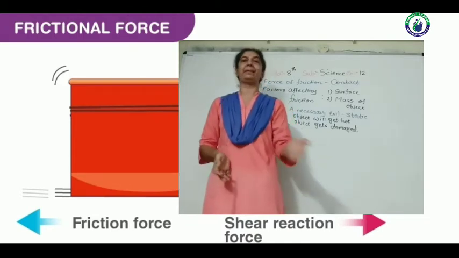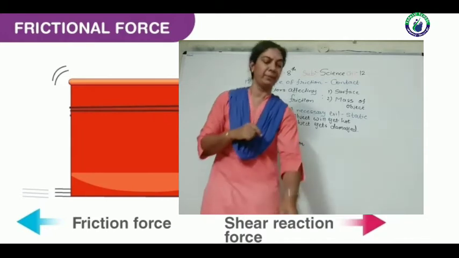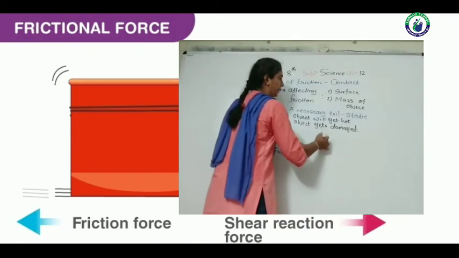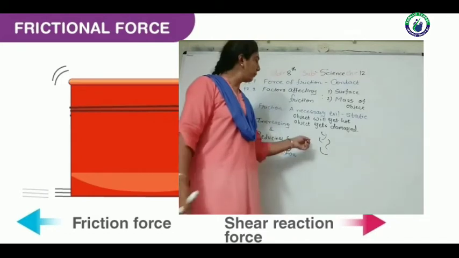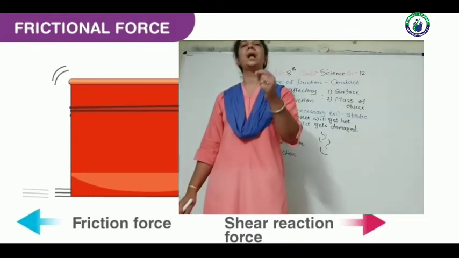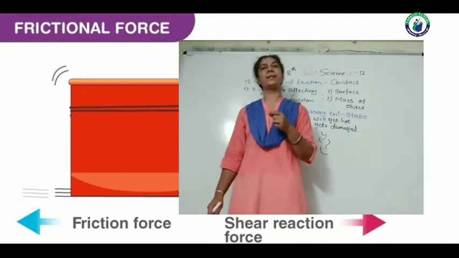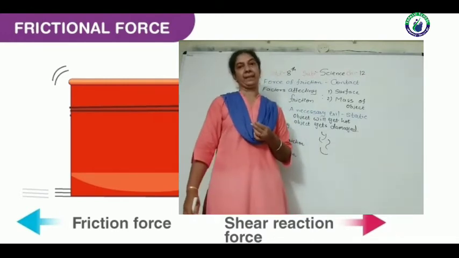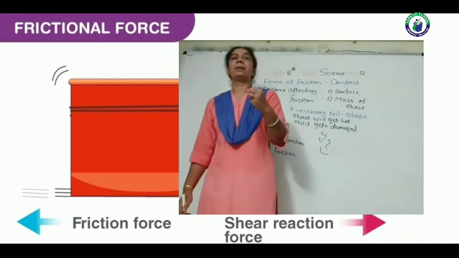The purpose behind that pattern, which you might have seen on your shoe soles, is to make the surface rough, because rough surfaces give more friction, and as a result we get a better grip.